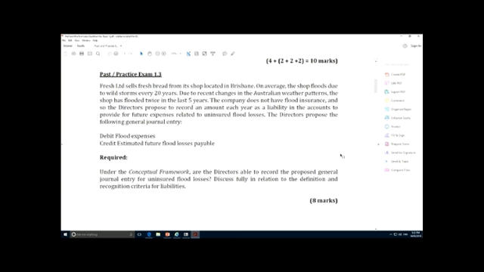So it's similar to, let's say we've got a mining company. The mining company know that they're going to do some restoration to their mine in the future, maybe in 10 years' time or 20 years' time.